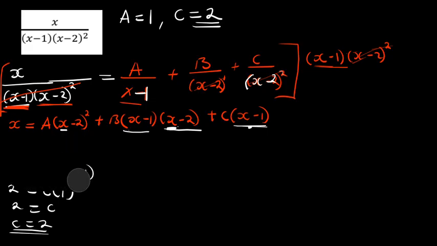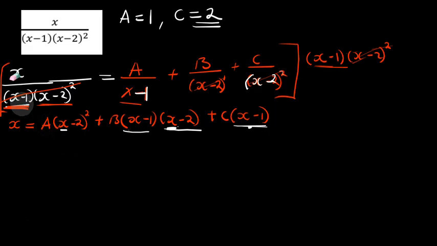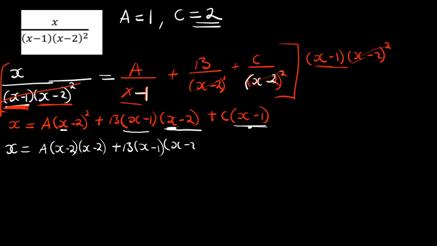When you're calculating the value of b, this is the situation whereby we need to expand these ones. So for me to expand, it will be x equal to a here, then x minus 2, then x minus 2, plus b, then x minus 1, then x minus 2, then plus c there, x minus 1.